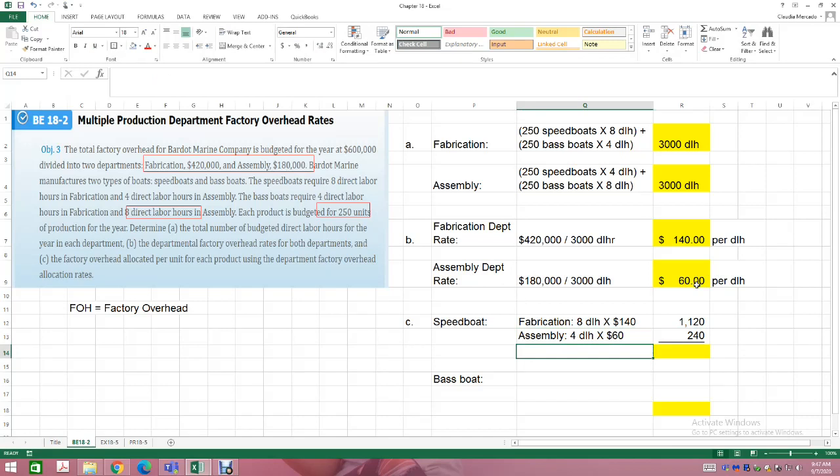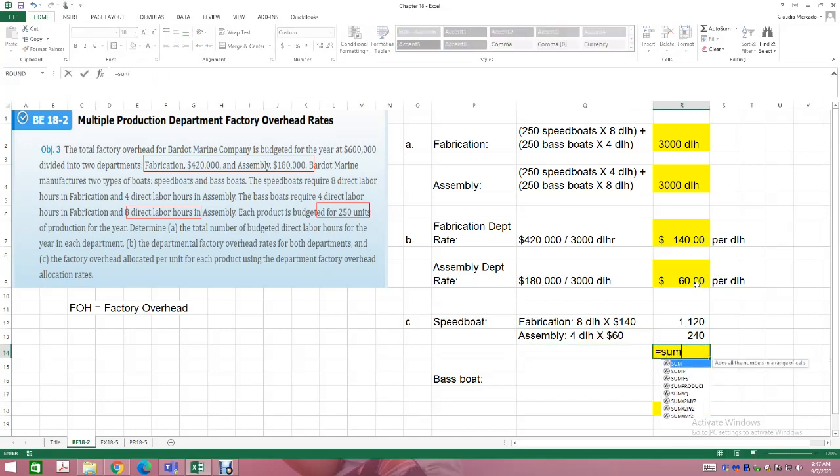Okay, so now I can get my total. For every speedboat that I manufacture, I'm going to charge $1,360 in factory overhead. That's going to be 8 hours of fabrication, 4 hours of assembly. So we're going to charge $1,360 to the speedboat for my factory overhead.